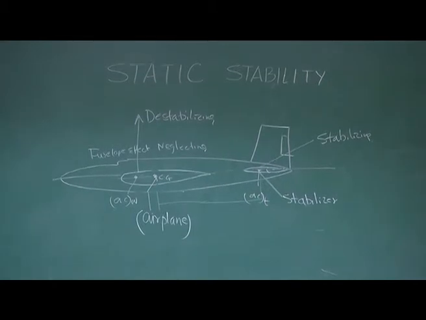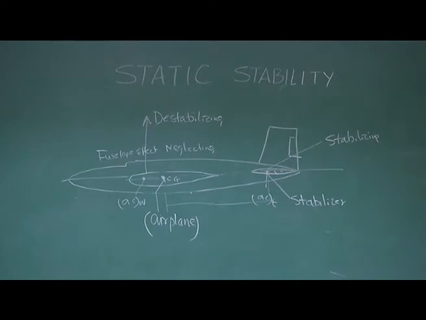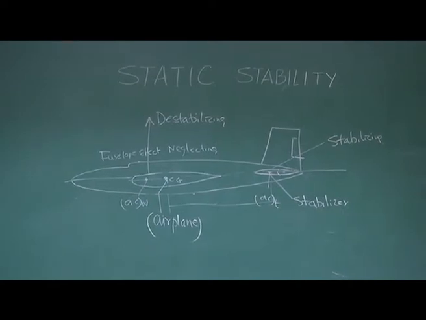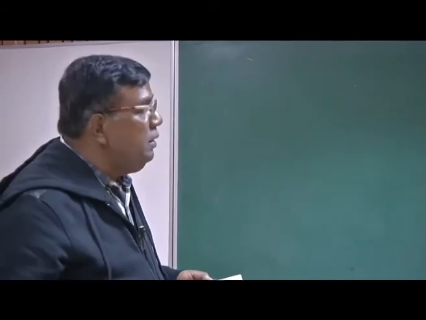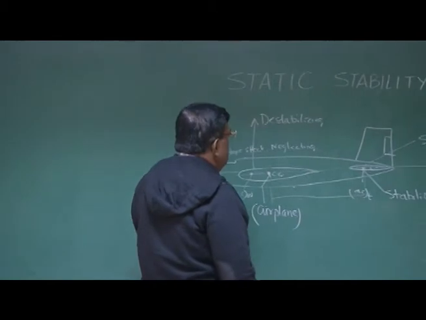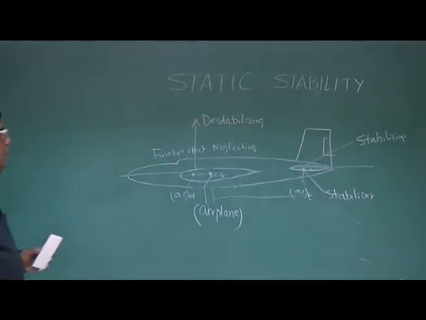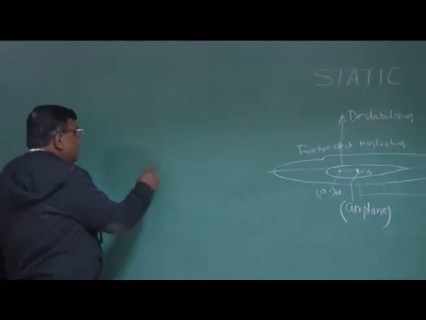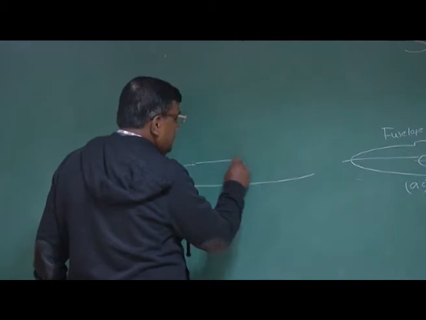So soon you will understand that when you talk about static stability, we talk about the area, we talk about the moment, and we define some term called tail volume ratio. So this is just to warm you up. This concept should be clear to you. Also, please understand, suppose this is an airplane.